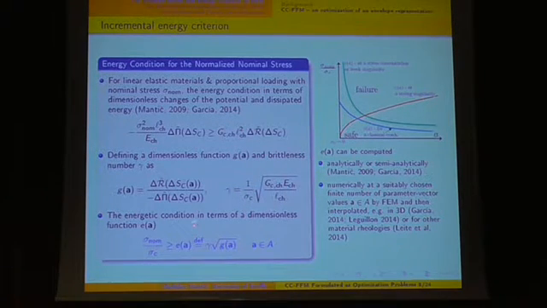Then the energetic condition, written in a similar fashion to the stress condition, takes the following form, where the energetic criterion function E is a function of the parameter vector defining the new crack surface, given as a function of the Brittleness number and the square root of the dimensionless function. This energy criterion function is shown here for the situation of a strong singularity.